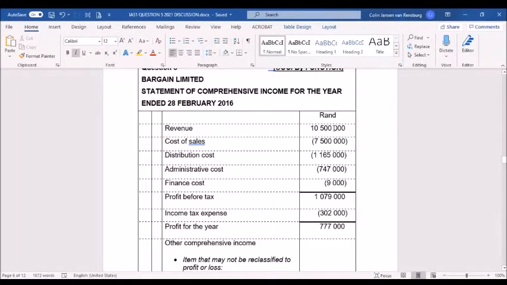We also did the revenue note on Monday, so you know that already. And then we did the cost of sales, and we said you must just be careful in some instances, like in question 1 and one of the other questions as well. There was a write-down of inventory, and that write-down of inventory will obviously affect your cost of sales. Right, so that is where we finished on Monday.